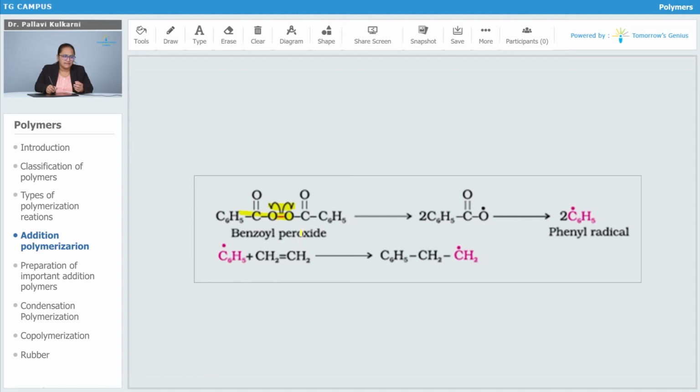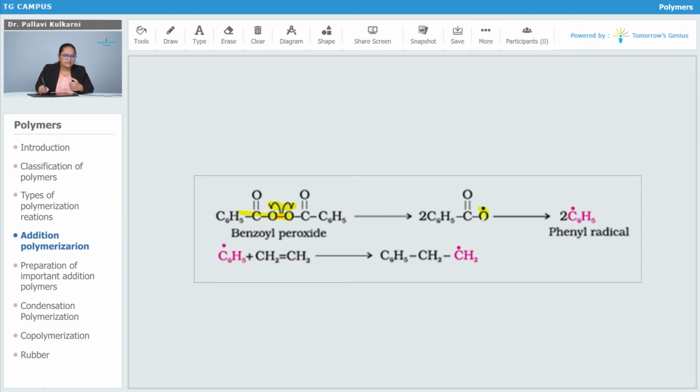Homolytic cleavage is shown by the half-headed arrow like this, which is going to yield the free radical due to the equal distribution of the two bonding electrons, that is, each radical will get a single electron, which is called the free radical.